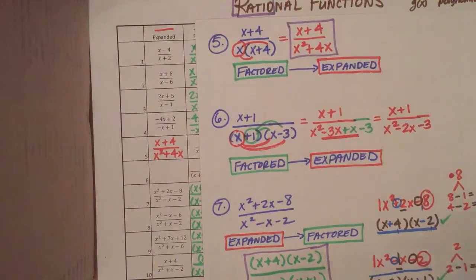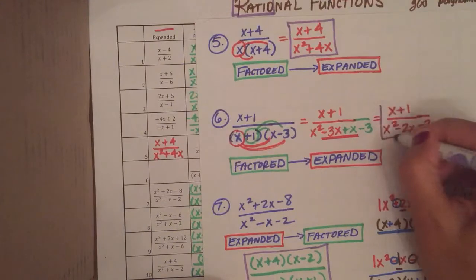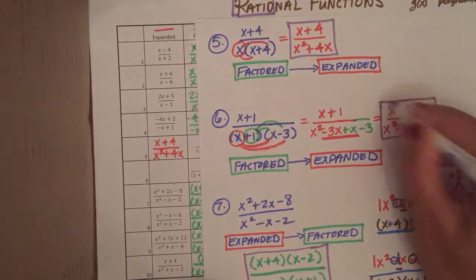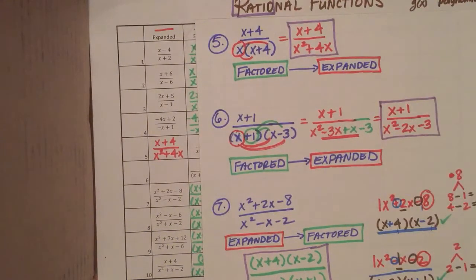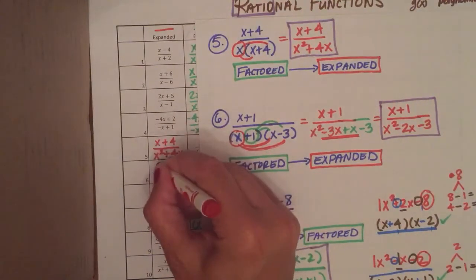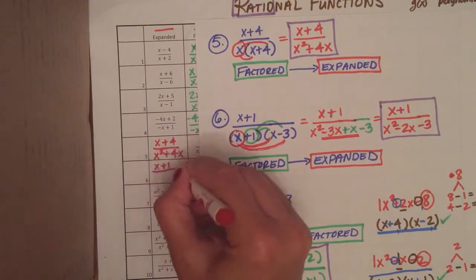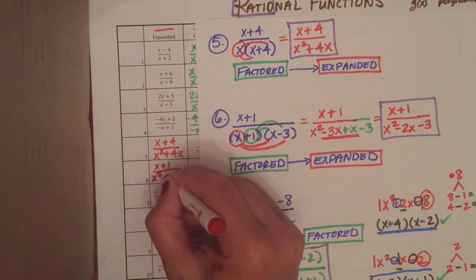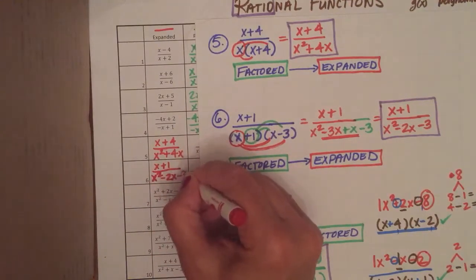Now I'm done. I have taken this from factored form all the way to expanded form. Now, we didn't have a particular example on this one. Let me go ahead and write this in first, and I'll give you another example. So this becomes x plus 1 over x squared minus 2x minus 3.